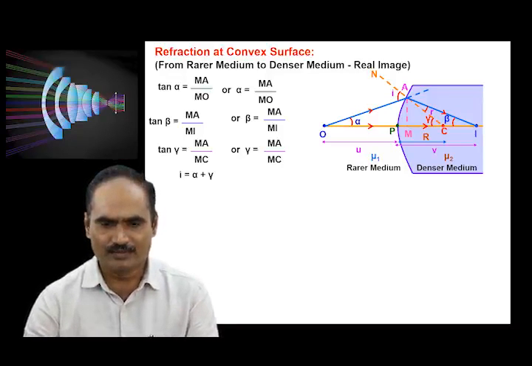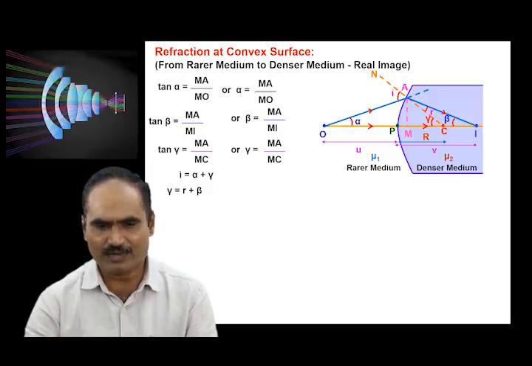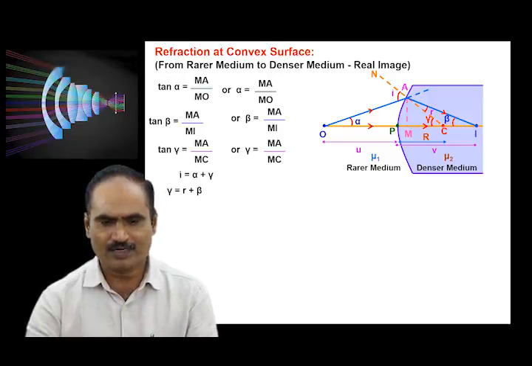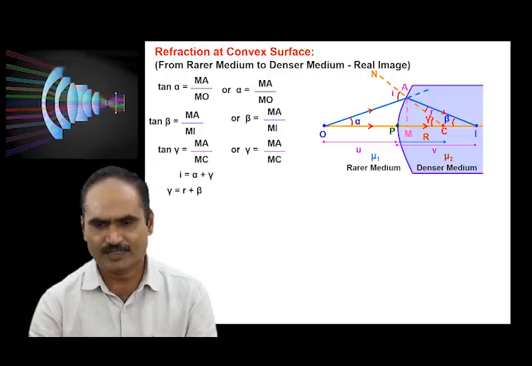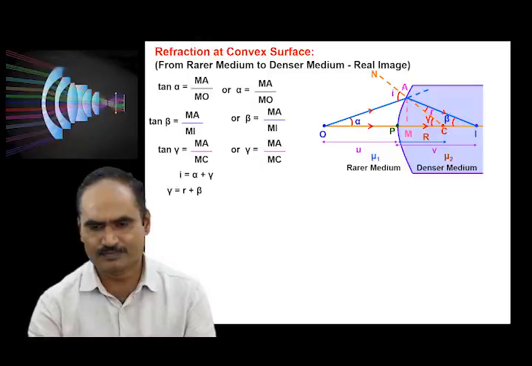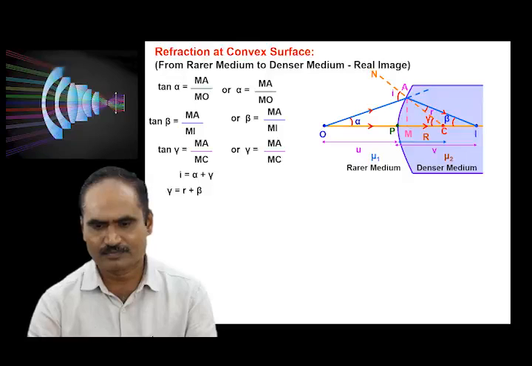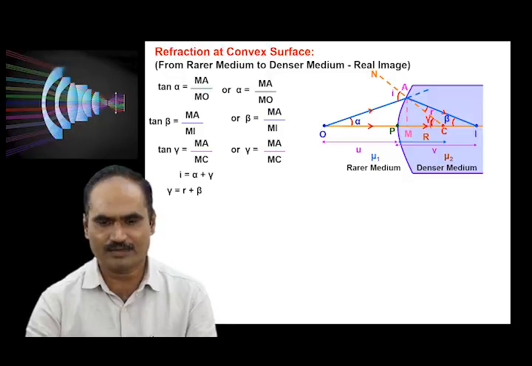Then similarly, this angle gamma is an exterior angle for this triangle ACI. Therefore, angle gamma is equal to angle beta plus angle r.